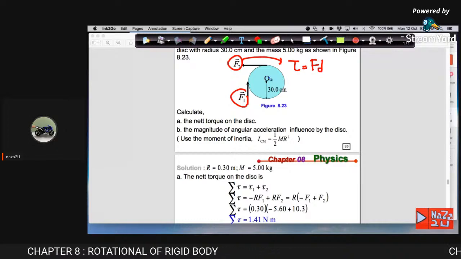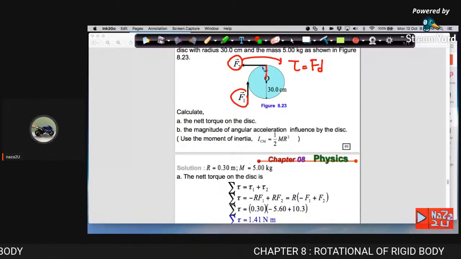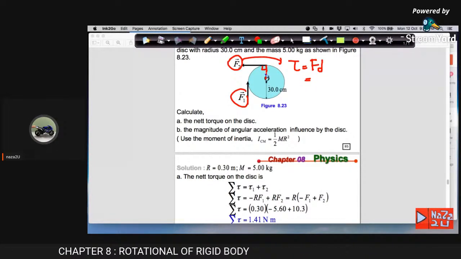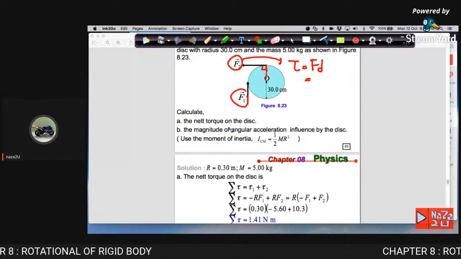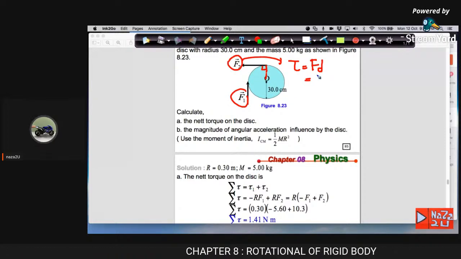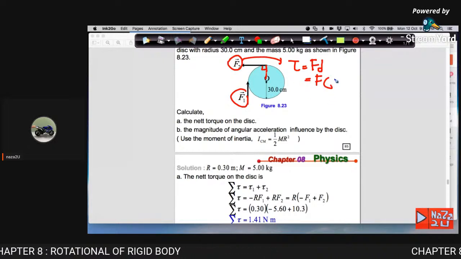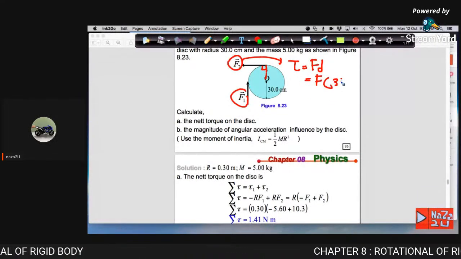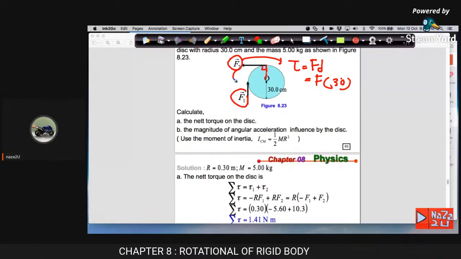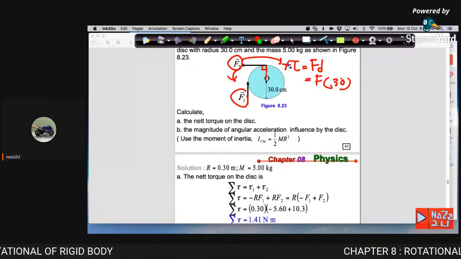Torque kat sini adalah, ini dia punya distance, 90 degree. So, dia punya radius sama 30. So, force F1, berapa? Dia tak bagi F. Tak kira lah, nanti kamu tengok soalan, dia bagi nilai force, kamu gantikan saja nilai itu, darabkan dengan 30. Tapi yang ni, kalau kita gunakan F1, dia akan bergerak anti-clockwise. That's why torque kat sini adalah positif.